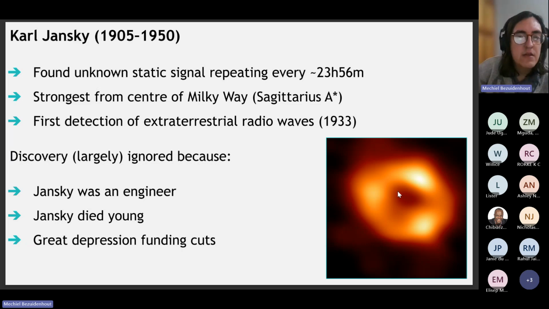And soon he found that the signal was strongest from the center of the Milky Way. So we now know that he was actually pointing towards the supermassive black hole at the center of our galaxy, Sagittarius A star.